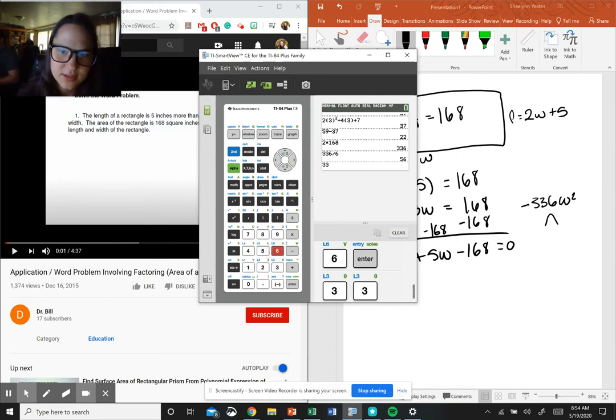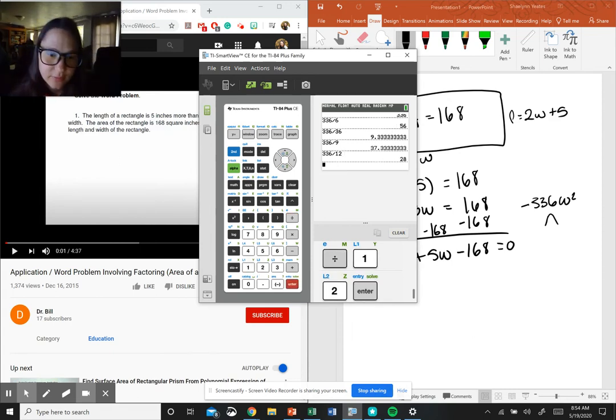Let's take 336 and divide by 36. That didn't work. 336 divided by 9. Nope. 336 divided by 12. 12 and 28? Those are not 5 apart, but we're getting closer. Okay, let's take 336 divided by, let's see.